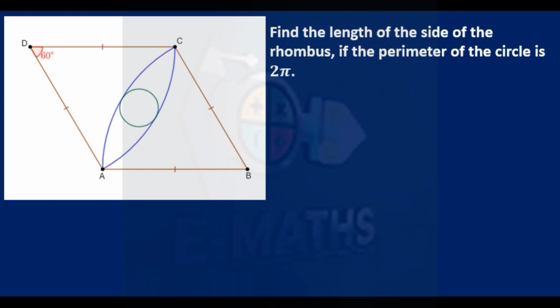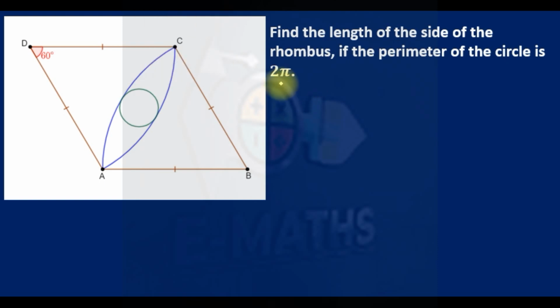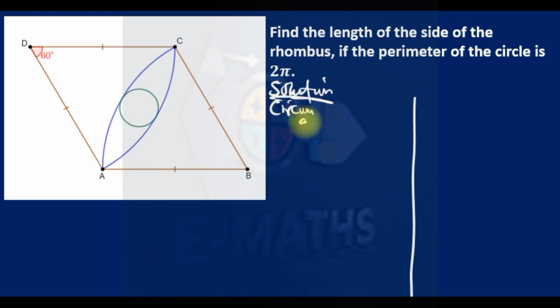We know that for the circumference of the circle to be equal to 2 pi implies that the radius is 1, because the circumference of a circle is 2 pi r. So the radius of this circle is 1.